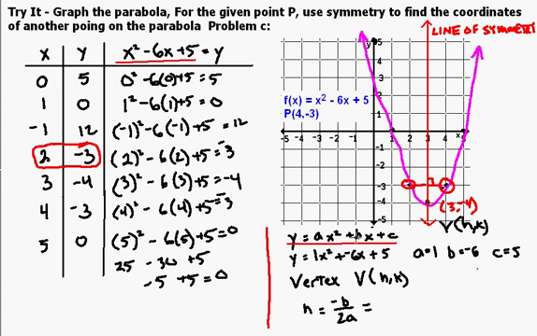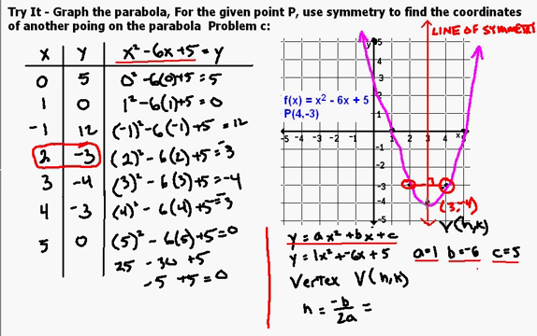Plus bx, so instead of minus 6x, that's plus negative 6x. And then plus c, we have plus 5. So our a is 1, our b is negative 6, and our c is 5.